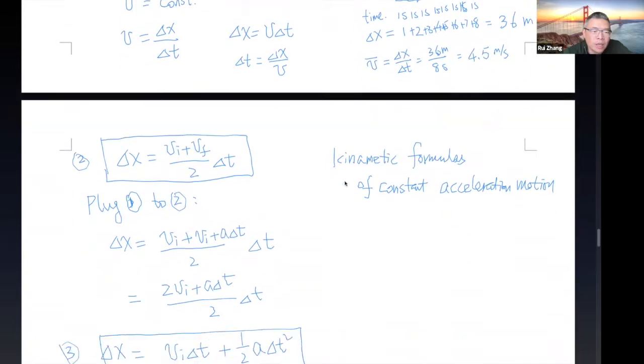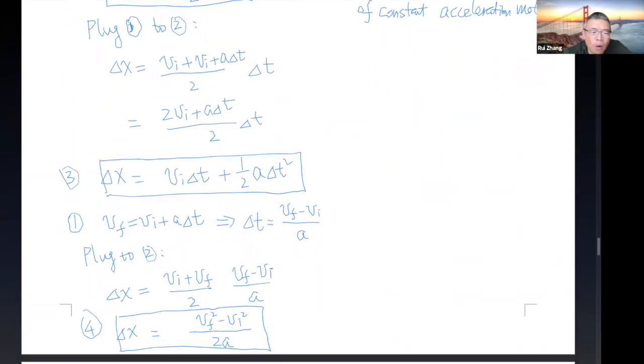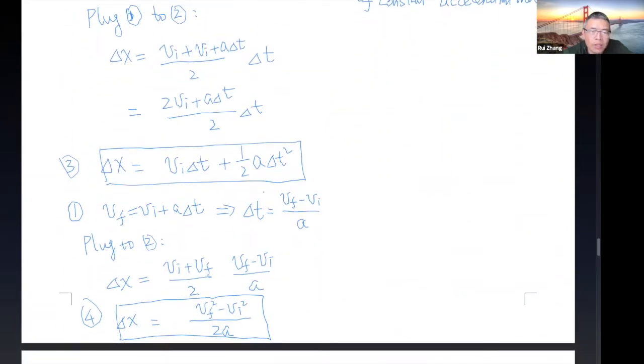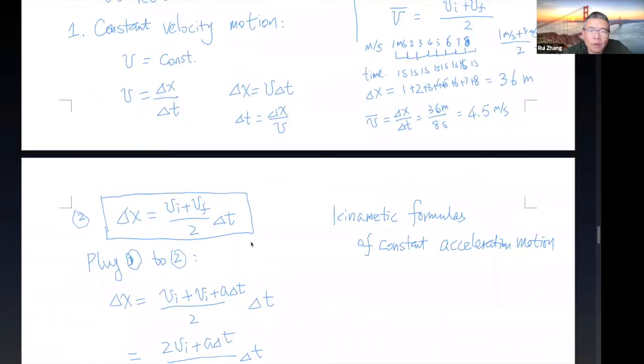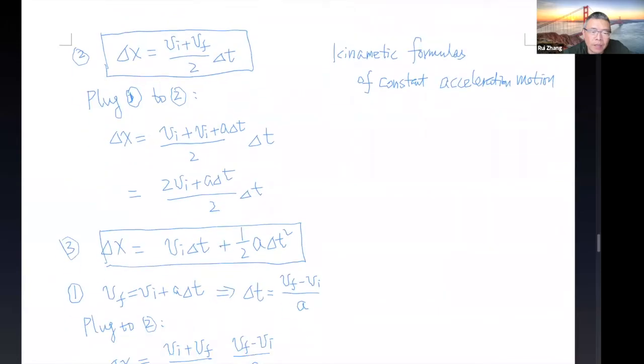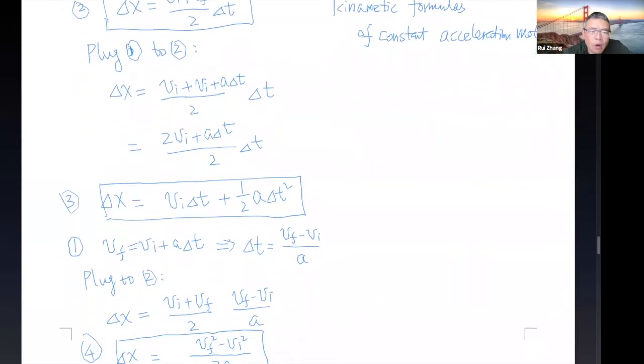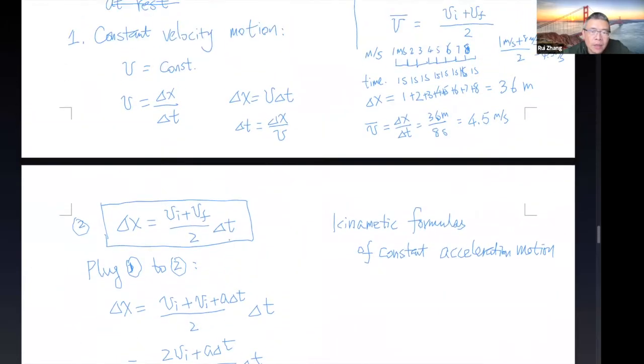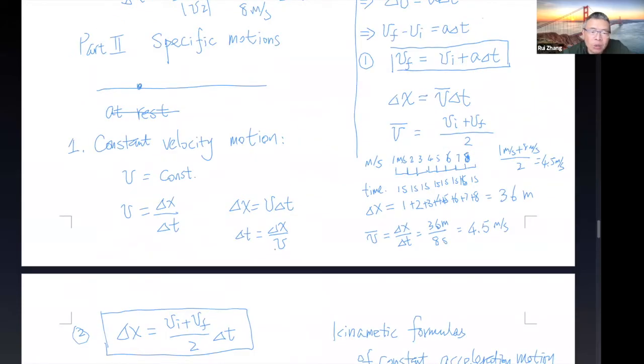As you see here, formulas 3 and 4 are essentially derived using formulas 1 and 2, by plugging something in to get rid of some other quantities. In this sense, if you only know formulas 1 and 2, you can solve all the problems.